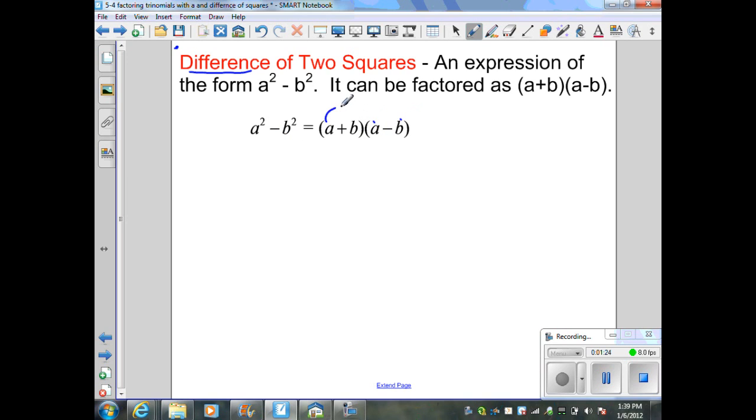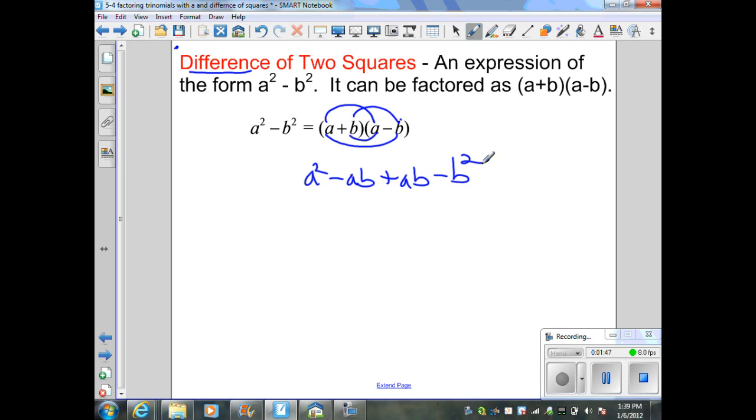So if I FOIL, a times a is a squared. My outer, negative b times a is a minus ab. My inner term, positive a, positive b, gives me a positive ab. And my last term, positive b times a negative b, is a negative b squared.